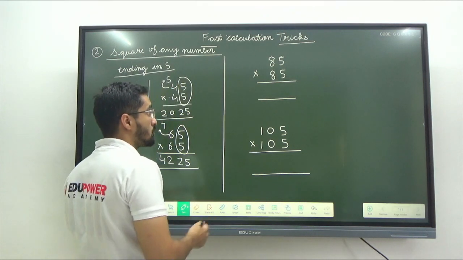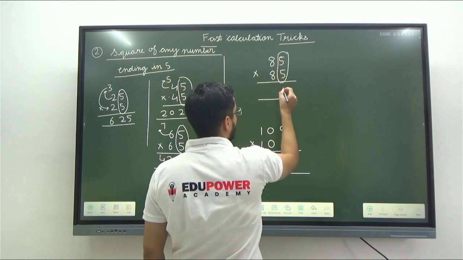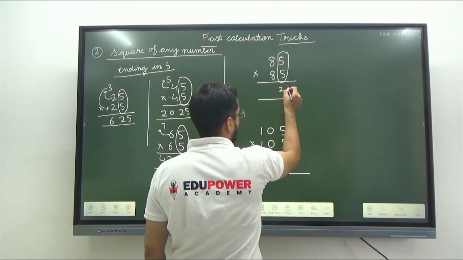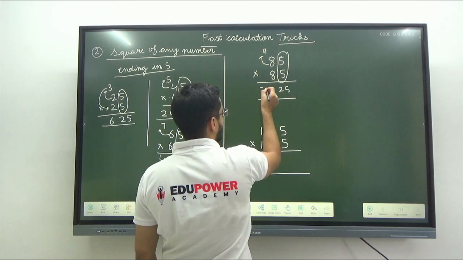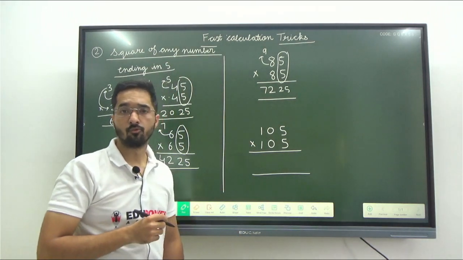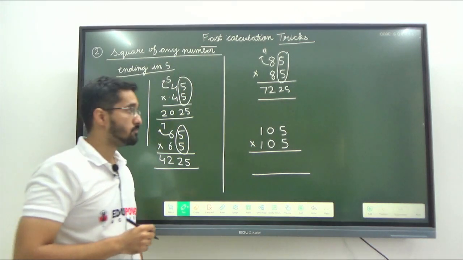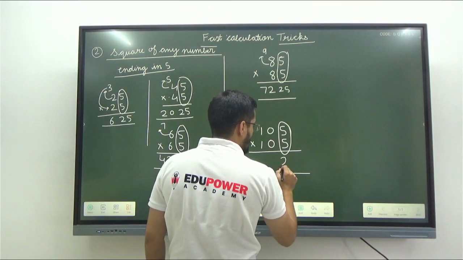So, 85 into 85, we do 5 into 5 is 25, okay, and 8 plus 1 is 9, 9 into 8 is 72. So, answer is 7225, right.